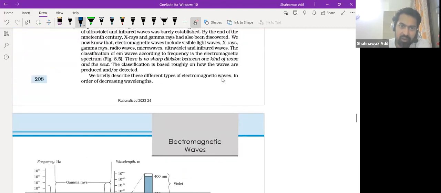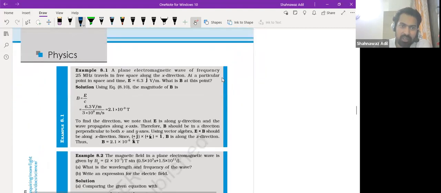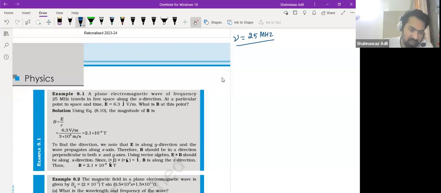Okay, so the question was we have this frequency, and we want to calculate. So electric field is given. This is 6.3 J hat volt per meter, right? And the propagation is along x direction.